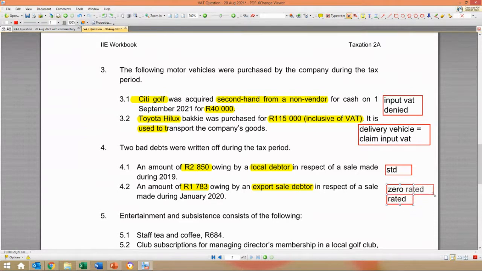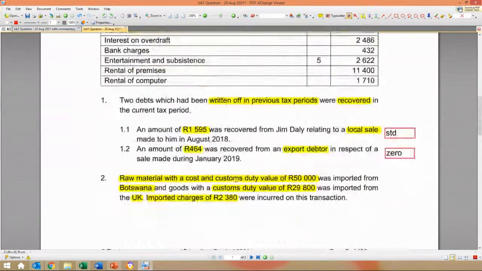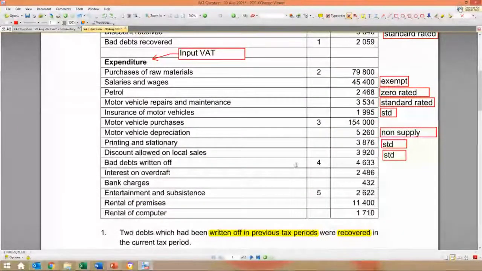Okay, so similar to what we've done with the purchases, with the bad debts recovered earlier, you will need to go distinguish in your question between the two. Show them separately. Okay, so let's record the transactions up to bad debts recovered.